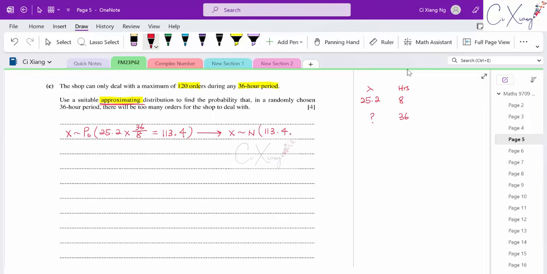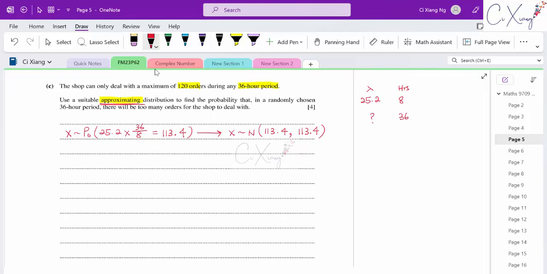And the variance for Poisson is the same as the value of the mean, which is also 113.4. So we get the parameters for the normal distribution by putting in the same value for mean and variance, because for Poisson, originally the mean and variance should be the same.